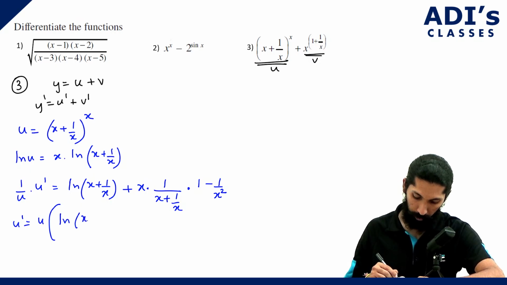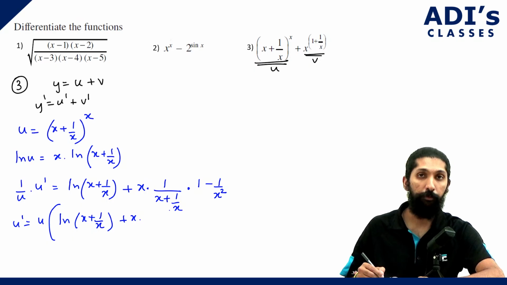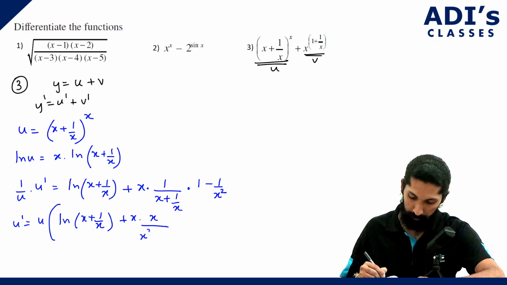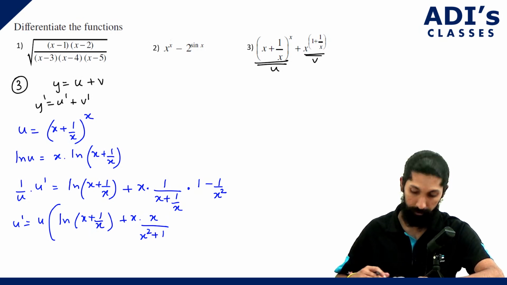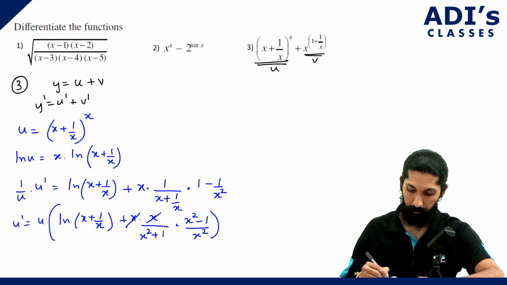But here you can say u dash is equal to u into log of x plus 1 by x plus x into, if you take the LCM and simplify, you are going to get x by x square plus 1, first part, into, here you will have x square minus 1 by x square. x square and x square cancels, right?